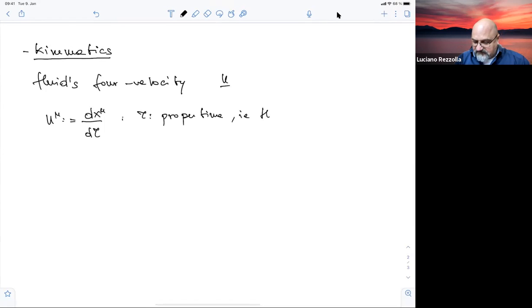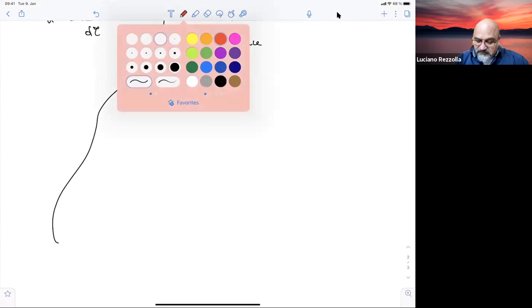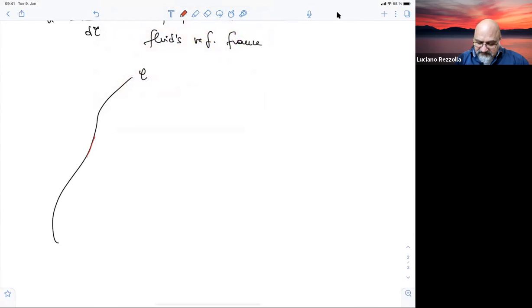i.e. the time in the fluid's reference frame. So you have to imagine that there is a certain worldline and that our fluid element is just moving along it, and has a tangent vector to its worldline, which is given by this 4-vector u.